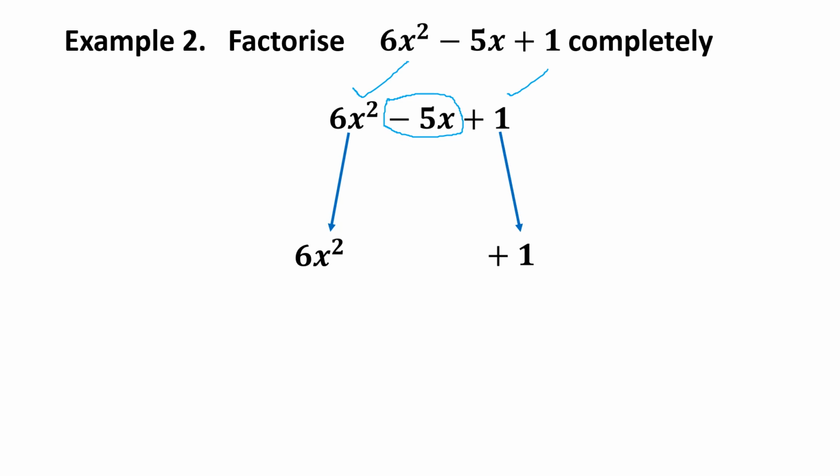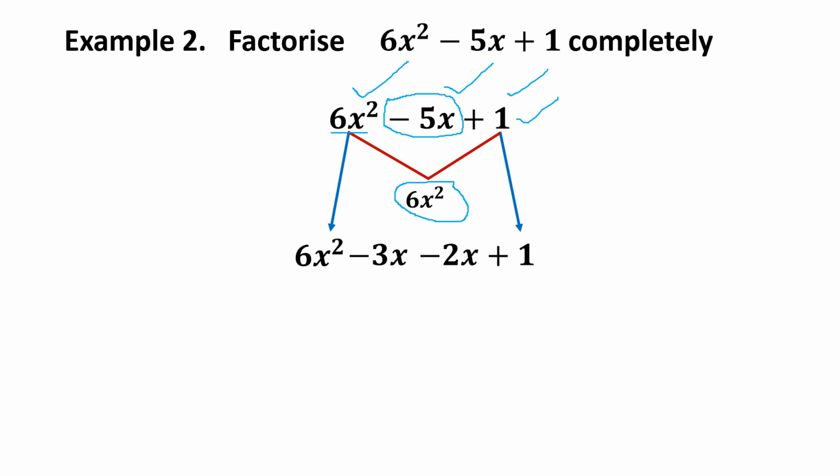We multiply this term in x squared by a constant. And the constant in this case is 1. So we are multiplying 1 by 6x squared, and we get 6x squared. Right, so we are now looking for the factors of 6x squared, whose sum is minus 5x, and the terms are minus 3x and minus 2x.